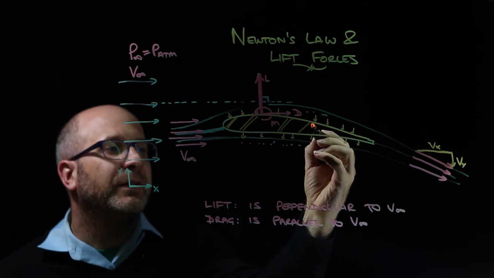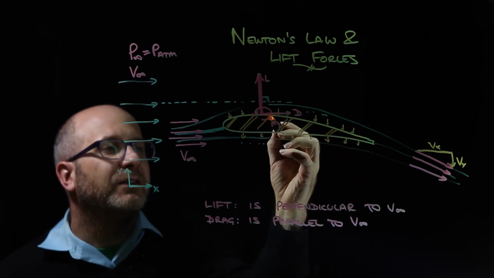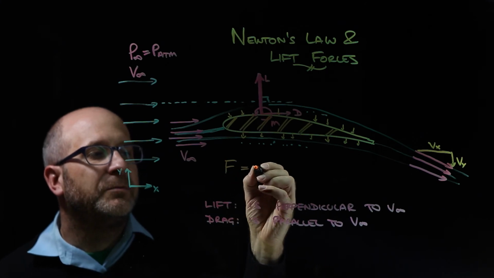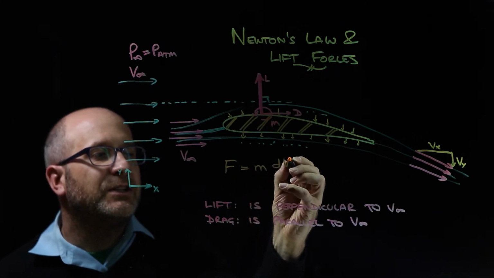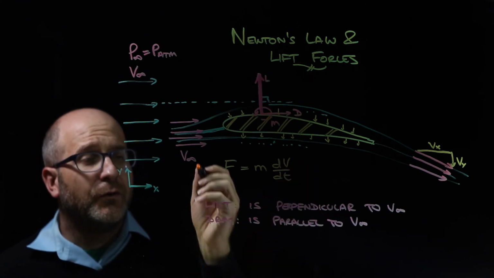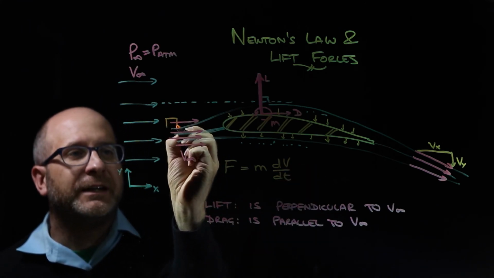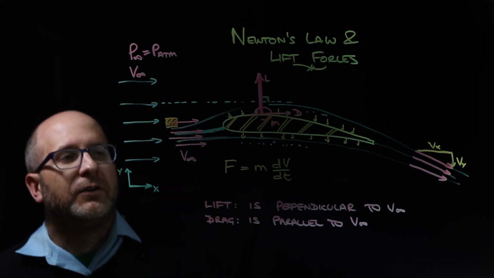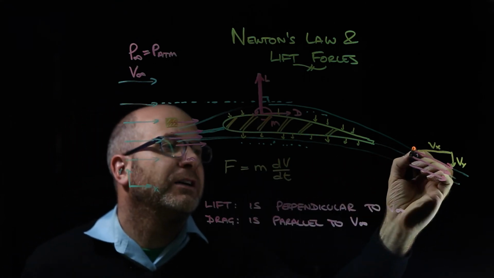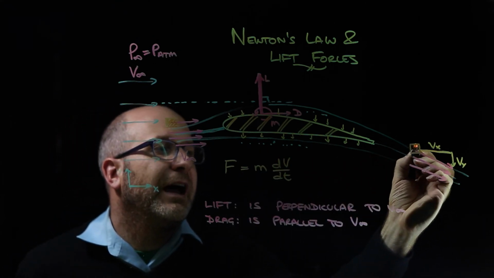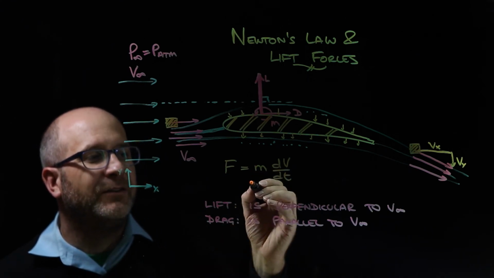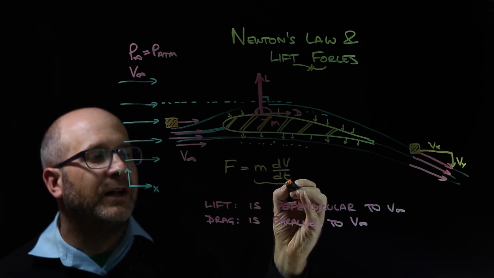Well, relatively simple, I think, right? So if we take a look at the momentum, so force in this case for Newton's law is equal to mass times change in velocity with respect to time, like this. So if we take a chunk of mass over here in the airflow, so we've got a chunk of air, and we look at how the velocity of that chunk changes when we go from the front of the airfoil to the back of the airfoil, or how the momentum is really what's going on.